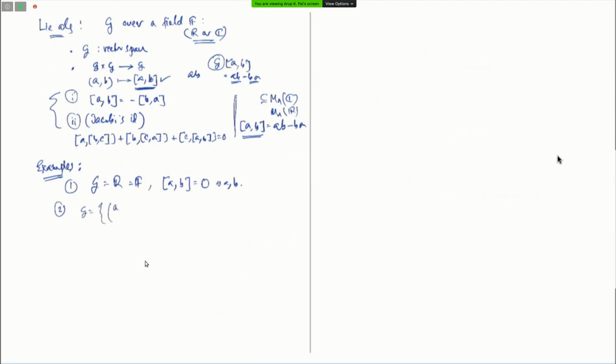Then you can take, let's say, all 2 cross 2 upper triangular matrices. G is sitting inside M2C, so the matrix product makes sense. If you take two upper triangular matrices and compute this, you see that this is again upper triangular, so you'll be back in g. This is a verification, and for each of these examples we should verify that it is in fact an example.